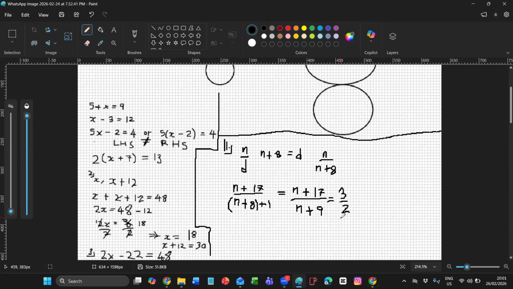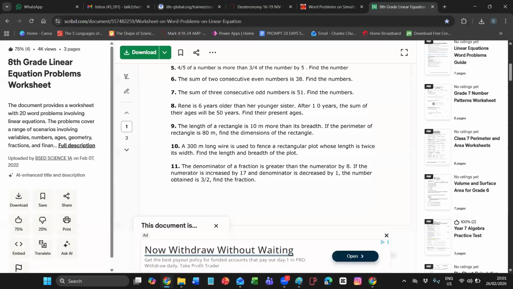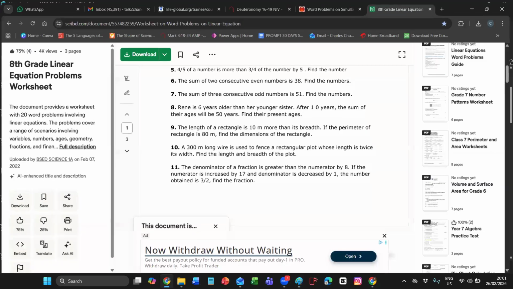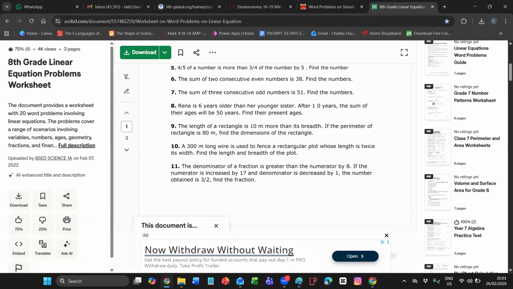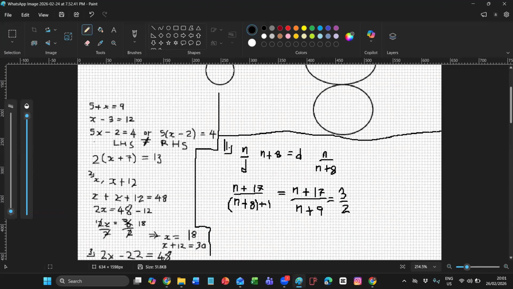So what do you think we can do next? If n plus 17 over n plus 9 equals 3 over 2, what do you think we can do next? Well, you can just cross multiply. So we can cross multiply.